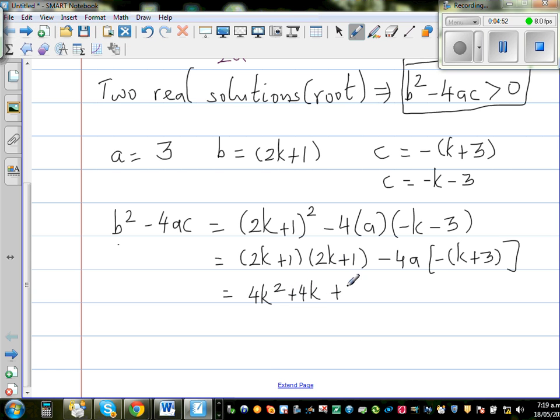And 1 times 1 is 1. Oh, a is not a, a is 3, sorry. So this is plus 12 times (k plus 3). Expanding further: 4k squared plus 4k plus 1 plus 12k, and 12 times 3 is 36.